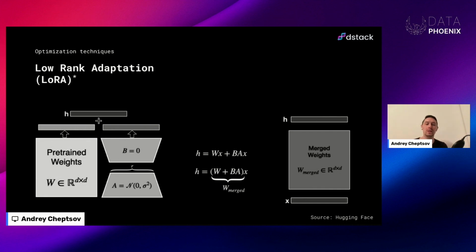So we freeze the weights of the model, and instead of, for example, training all of these weights and thus putting them into memory, we only take a very small subset of all these weights, and we call it an adapter. The adapter is a lot smaller than the original model. Then we train this adapter, and once we train it, we merge this adapter with the original model.